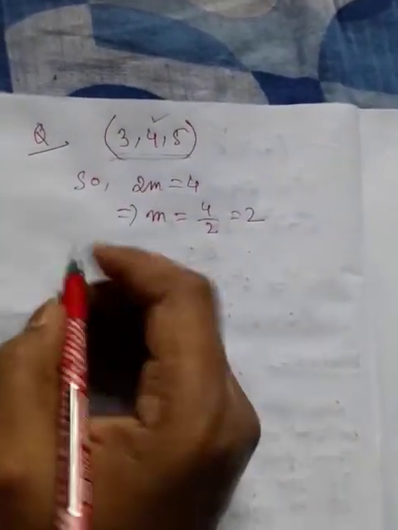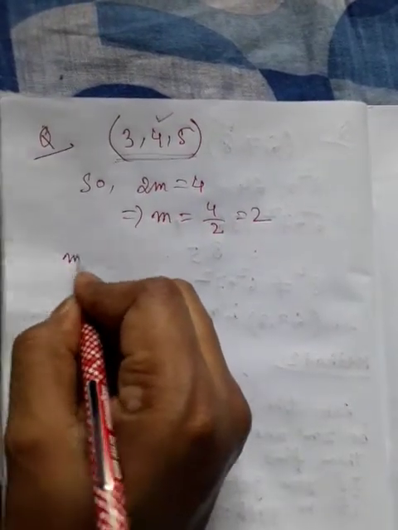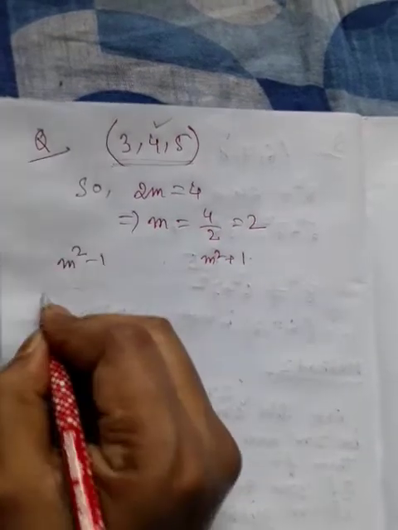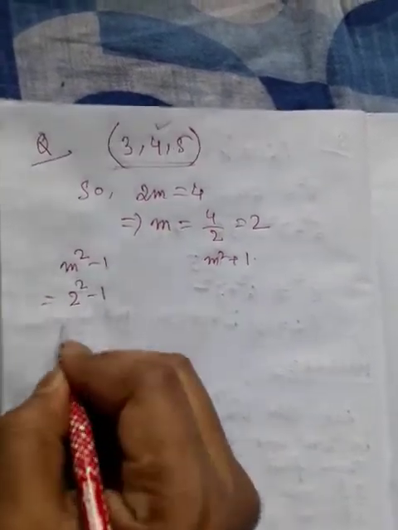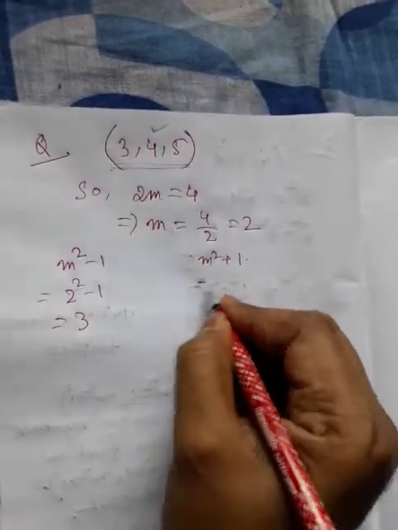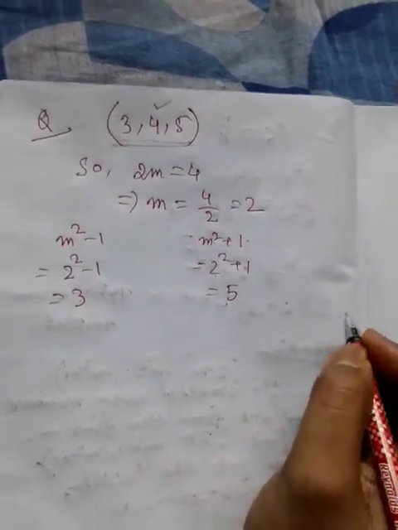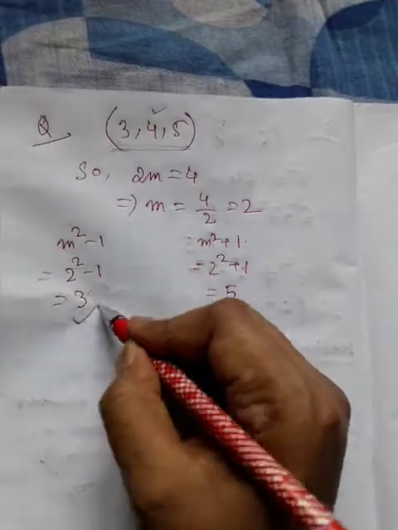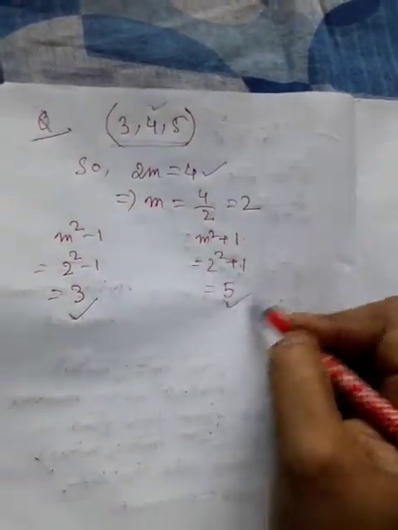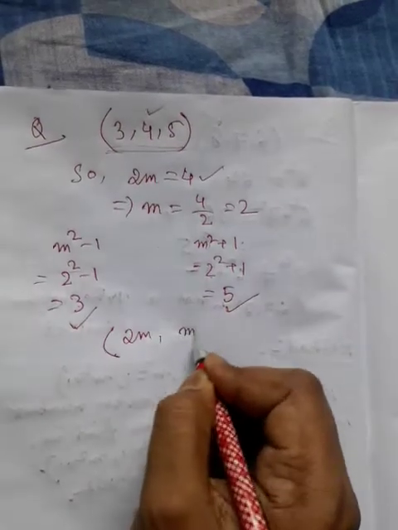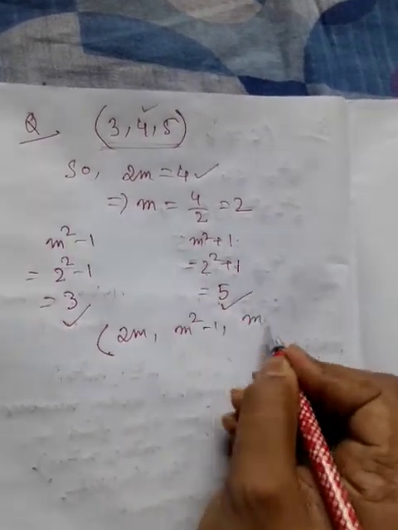Now we have to find the value of m square minus 1 and m square plus 1. m square minus 1 is 2 square minus 1 equal to 3, and m square plus 1 is 2 square plus 1 equal to 5. Now dear students, see, we have got 3, 4 and 5, that is 2m, m square minus 1 and m square plus 1.